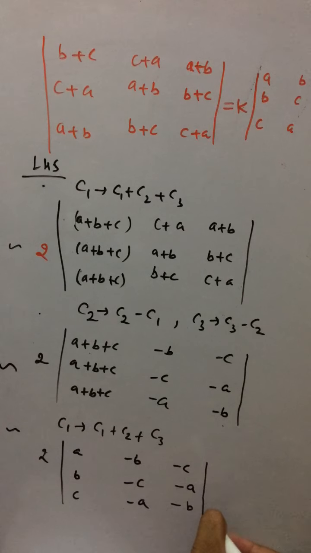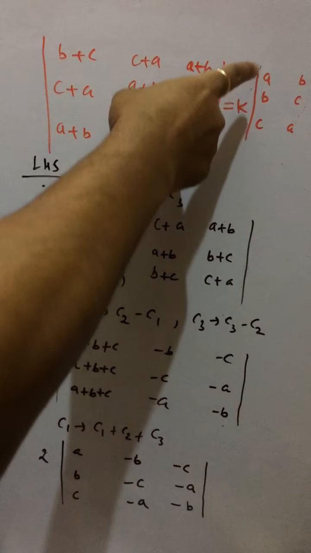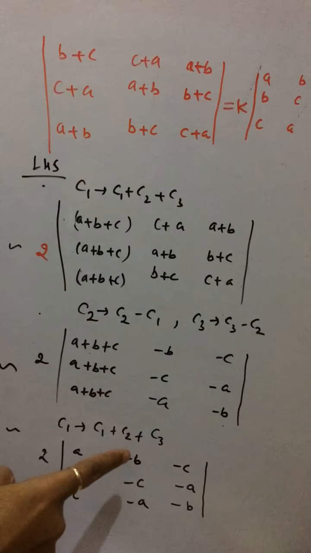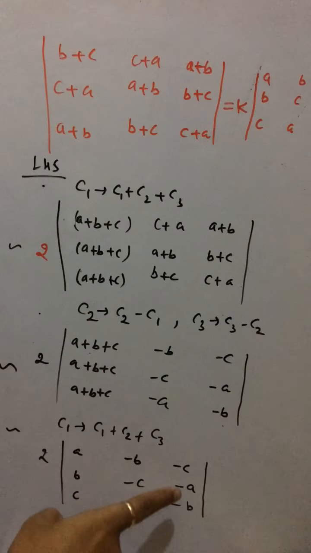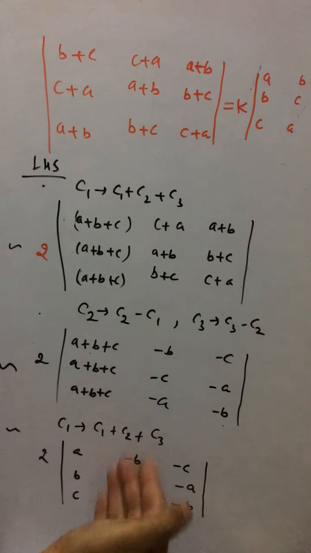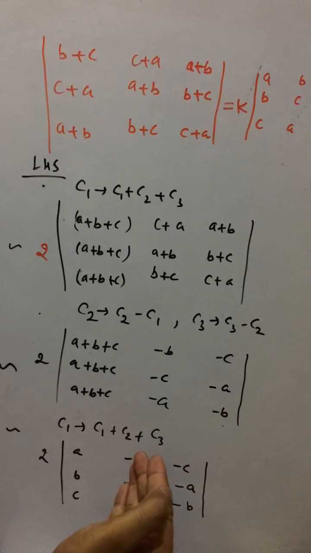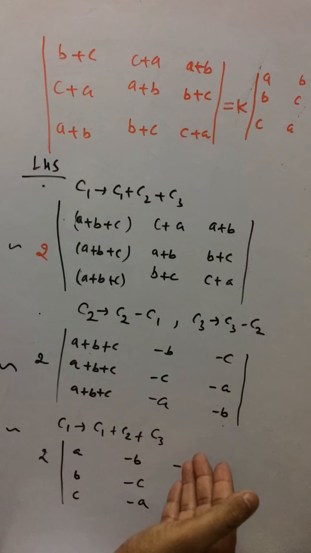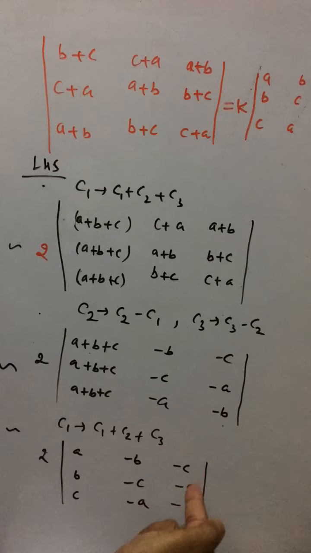Okay, so what do you see here? You get the same result here, A B C, B C A, C A B, but in column second and column third you are getting a multiple of minus 1. So you can take out minus 1 from column 2 as well as from column 3.